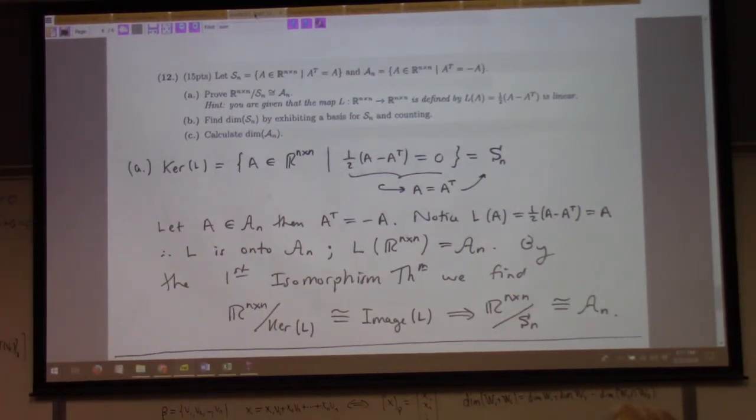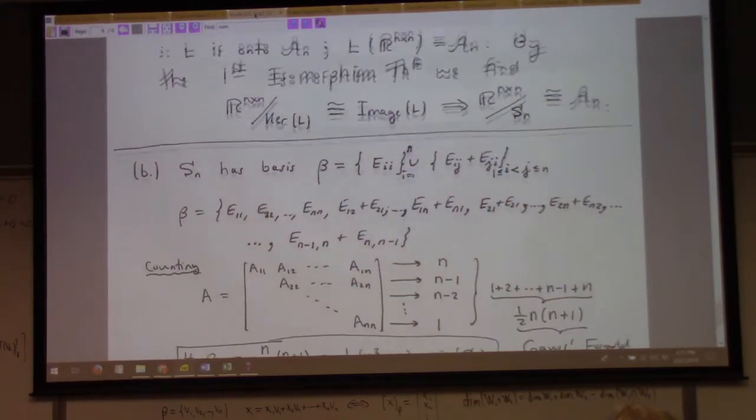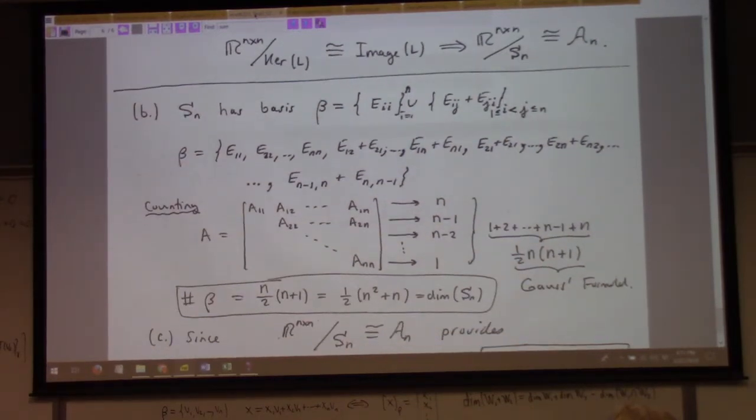Now, remember I said part of the test was hard? Part B is hard. But here it is. If you want a basis for the symmetric matrices, you're basically looking for something to get these parameters which are independent, and then there's a repeating of these below the diagonal. So if you look at that, you've got n in the first row, n minus 1 all the way down to 1.